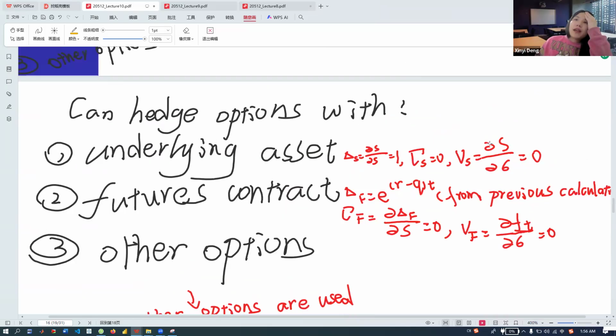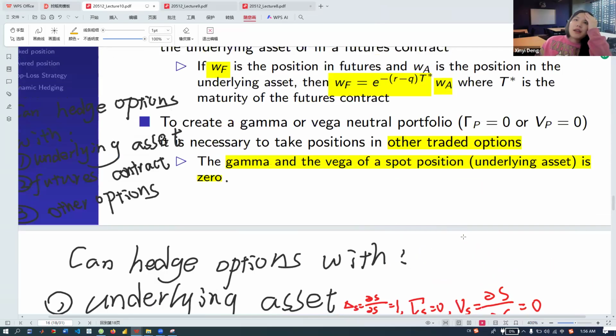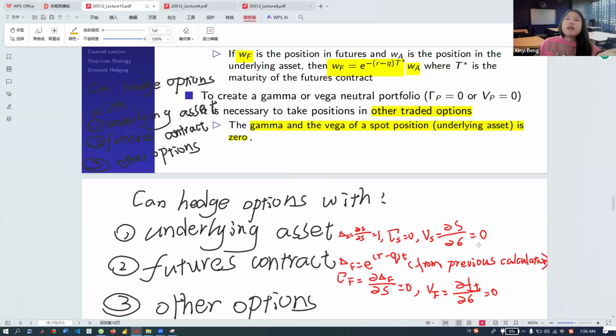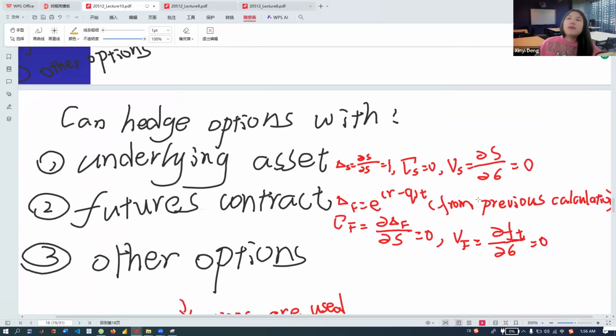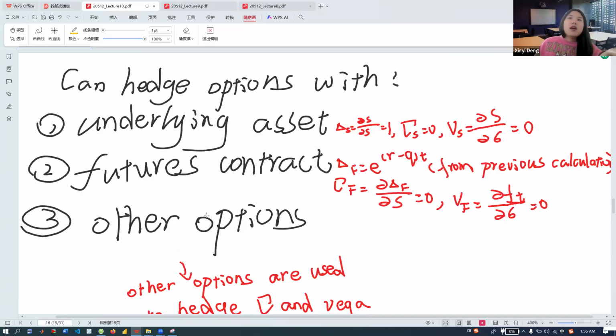And for vega of the underlying asset, it's again the derivative of 1 with respect to sigma. So again, it's a derivative of a constant, therefore it's again equal to 0.